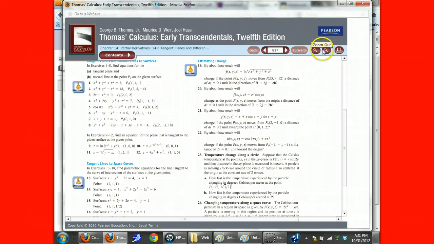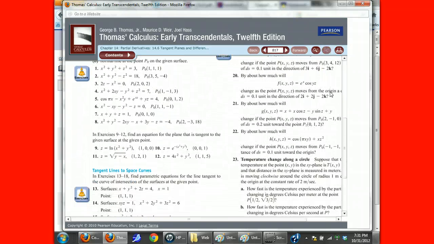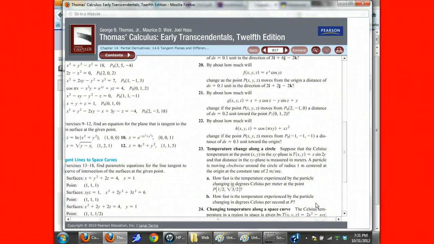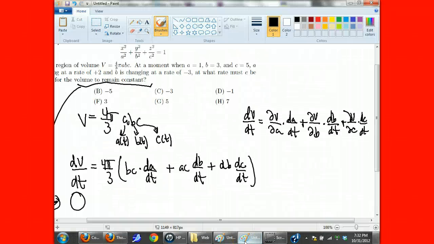This one here. Okay. I think I understand the question. I think it's much like this, I think.